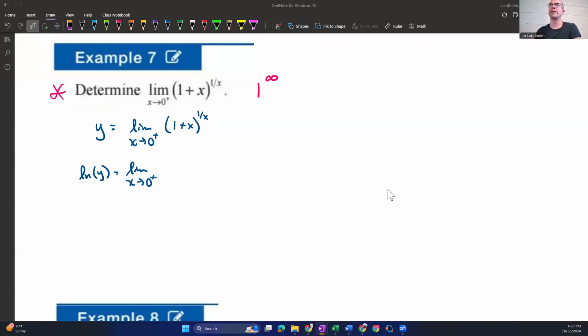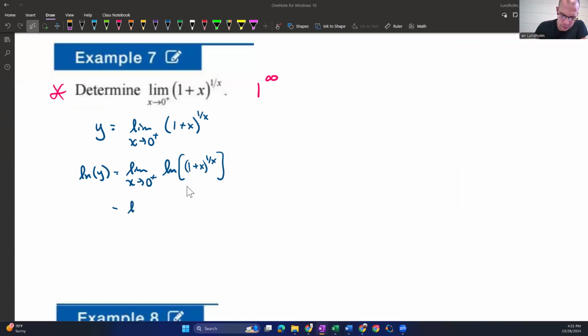Notice that this is okay as a limit to be using with the natural log. We're still in the domain of the natural log. Let's go natural log of 1 plus x to the 1 over x. Okay, and now we're just going to continue playing with that right-hand side for a while.